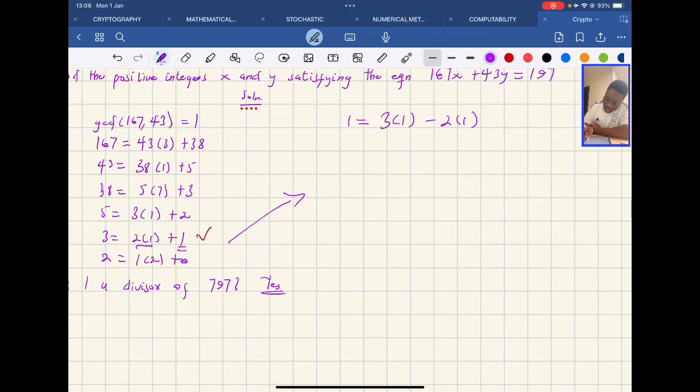So we are going to get 1 is equal to 3 times 1 minus, and in place of 2, we have 5 times 1 minus 3 times 1.